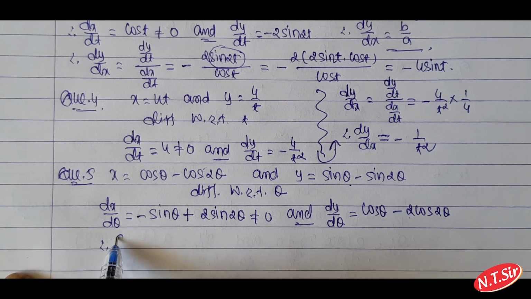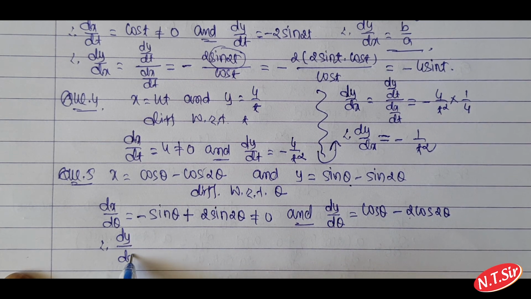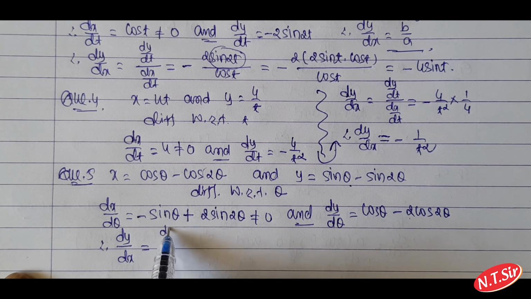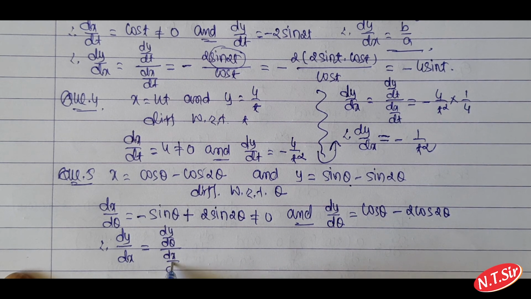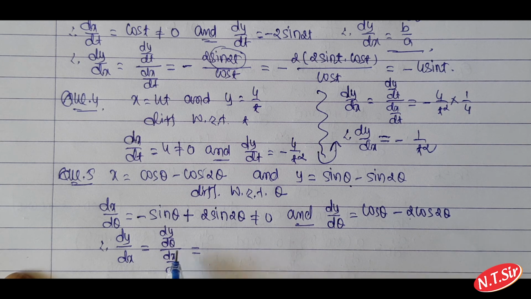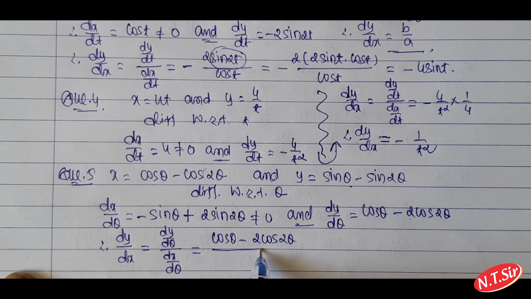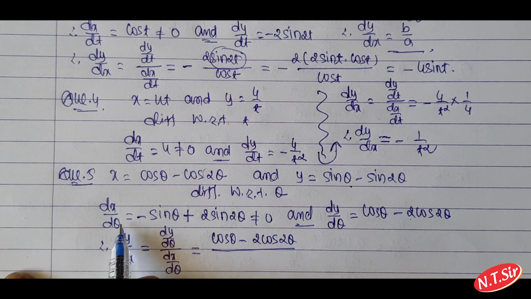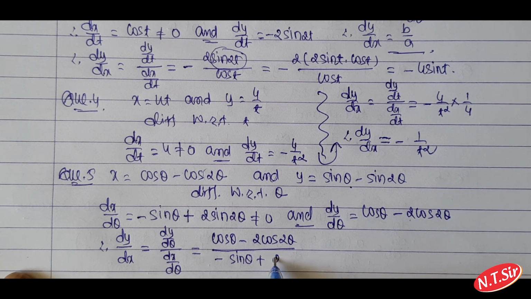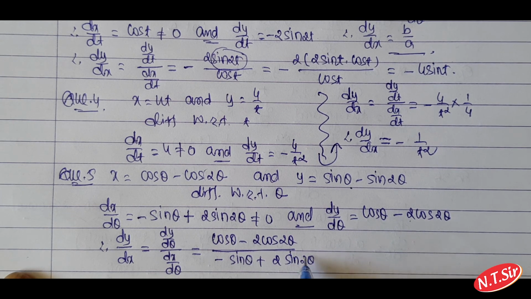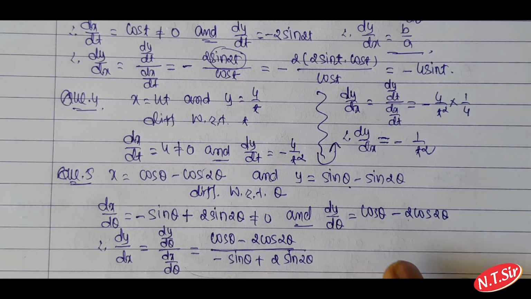So dy by dx is equal to dy by d theta upon dx by d theta, which is cos theta minus 2 cos 2 theta whole upon minus sin theta plus 2 sin 2 theta. Now we are not able to simplify this, so leave it as it is. This is your final answer.